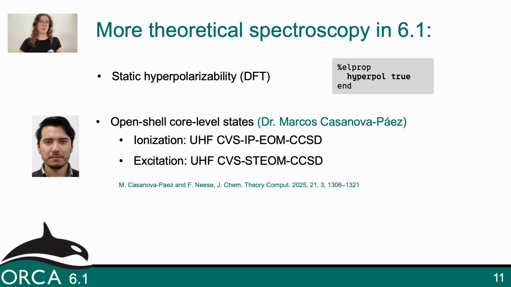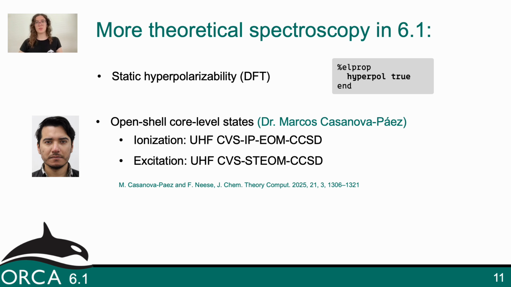Another exciting group of features is the result of work of my colleague Marcos, who implemented a few high-level methods to calculate core-level excited or ionized states for open-shell systems using core valence separation.